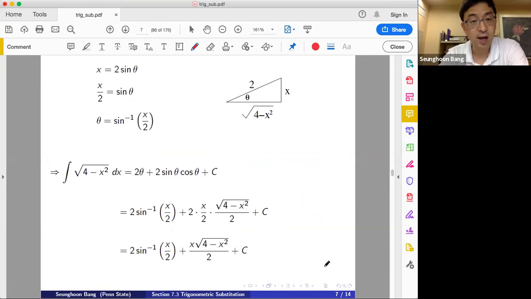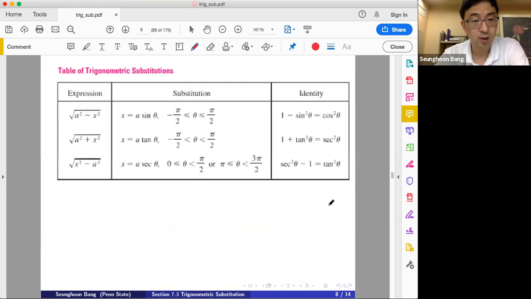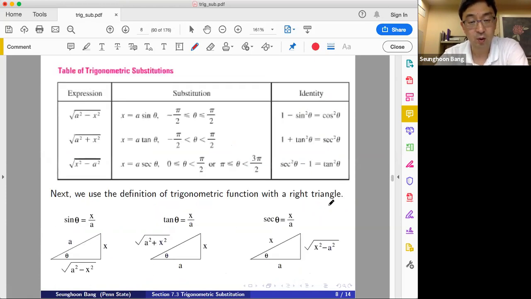Okay, this is the idea. So what kind of idea did I use for solving this problem? Here, you can use this kind of table. What does it mean?